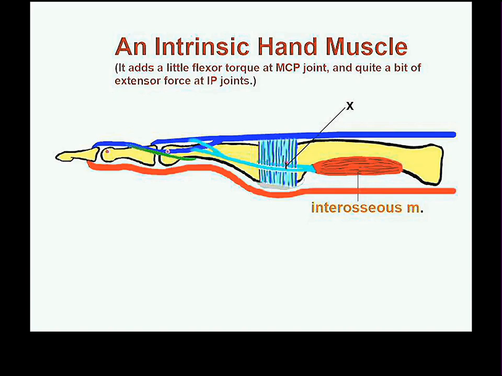And therefore, when an interosseous contracts, it flexes the MCP joint by virtue of its straight tendon here, and then after it splits and joins the extensor expansion, it can extend the interphalangeal joints. So here's a muscle that can do the things you want done. Add flexor force to the MCP joint, add extensor force to the IP joints.